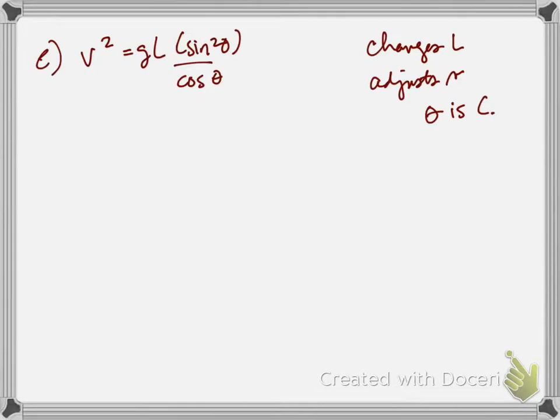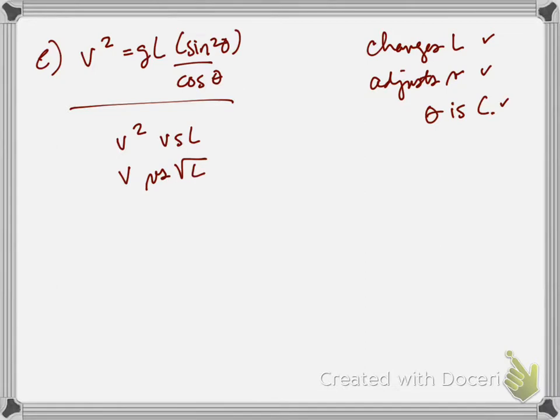Okay, so let's move on to part E. In part E, we are again trying to make an experiment to find acceleration due to gravity. And the procedure here says that we change the length of the string and then adjust the velocity so that the angle stays constant. So again, looking at the functional dependence here, we want to graph v squared versus L. We could also graph v versus rad L. It doesn't matter.